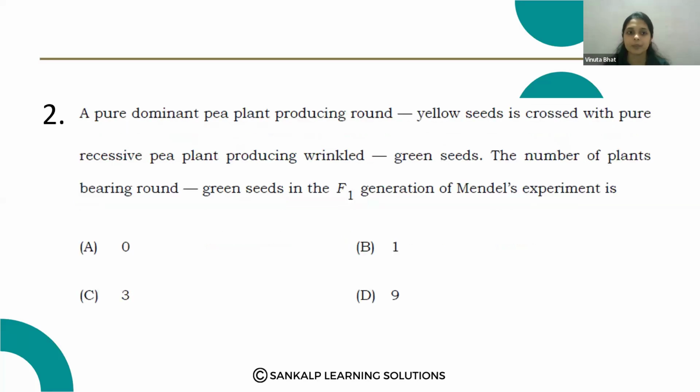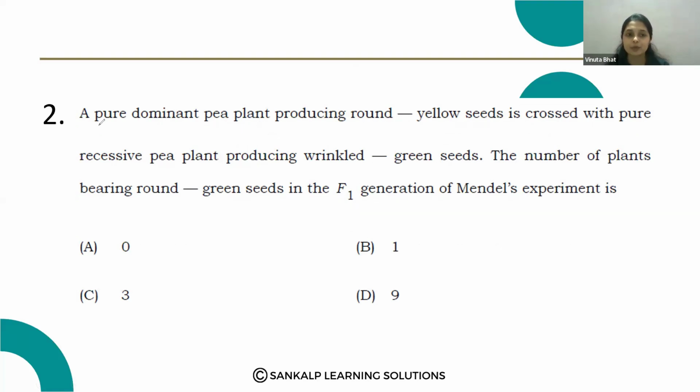Next question. A pure dominant pea plant producing round yellow seeds is crossed with a pure recessive pea plant producing wrinkled green seeds. The number of plants bearing round green seeds in the F1 generation of Mendel's experiments.